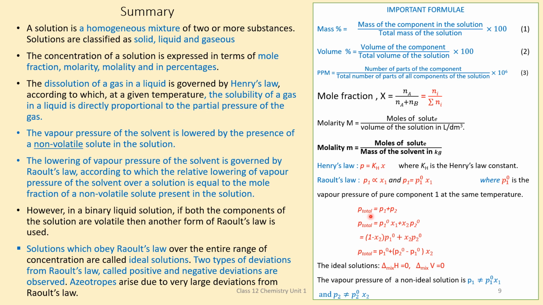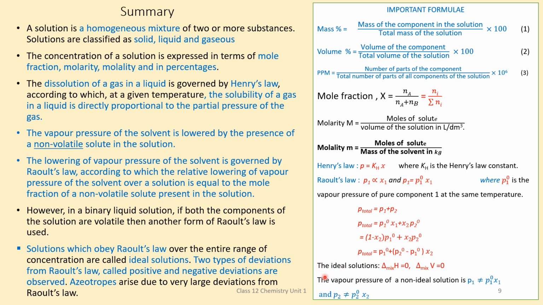That is, P total is equal to P1 plus P2, or it is also written as P total is equal to P1 naught x1 plus x2 into P2 naught. Simplifying, P total is equal to P1 naught plus P2 naught minus P1 naught into x2.